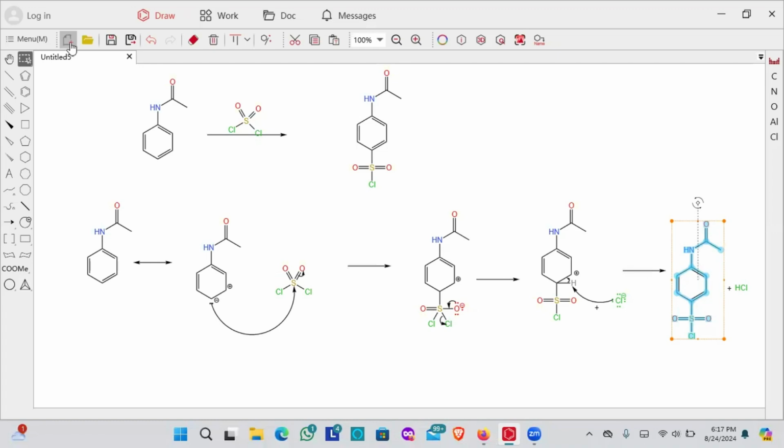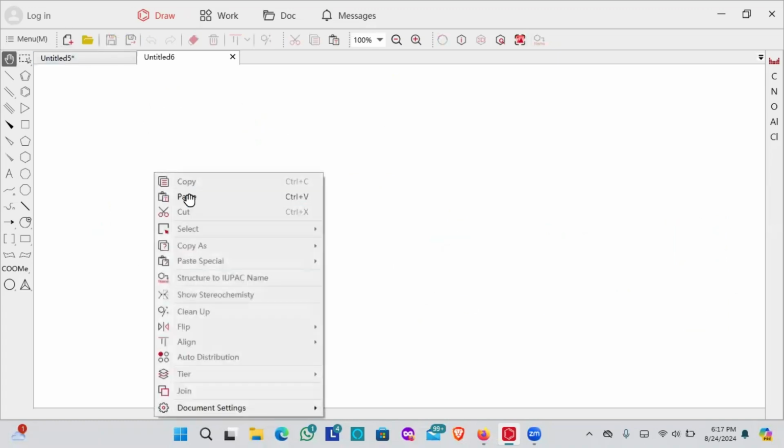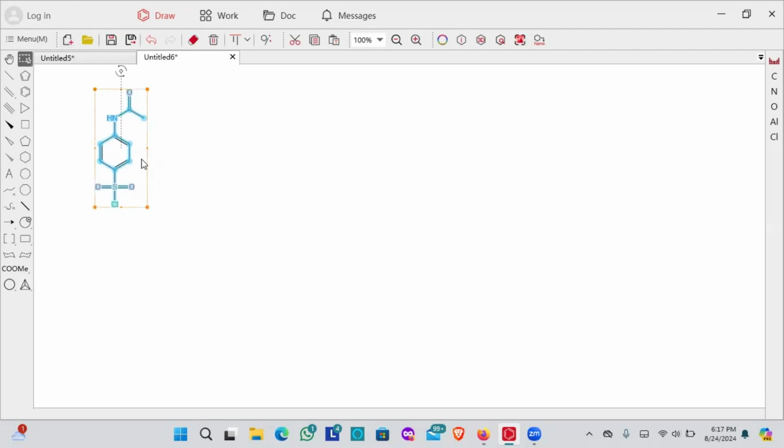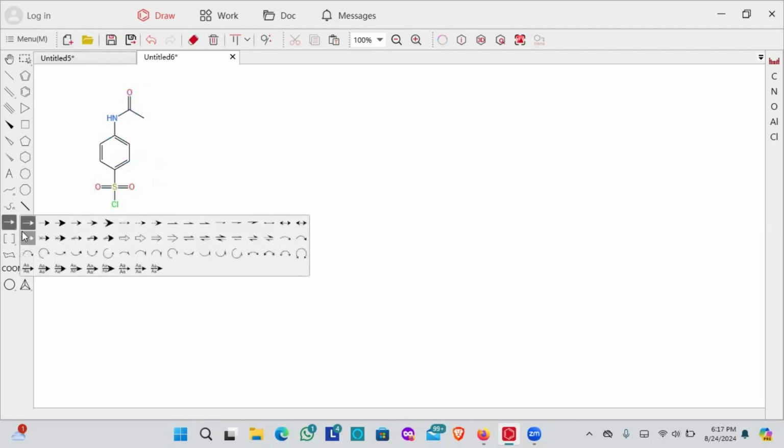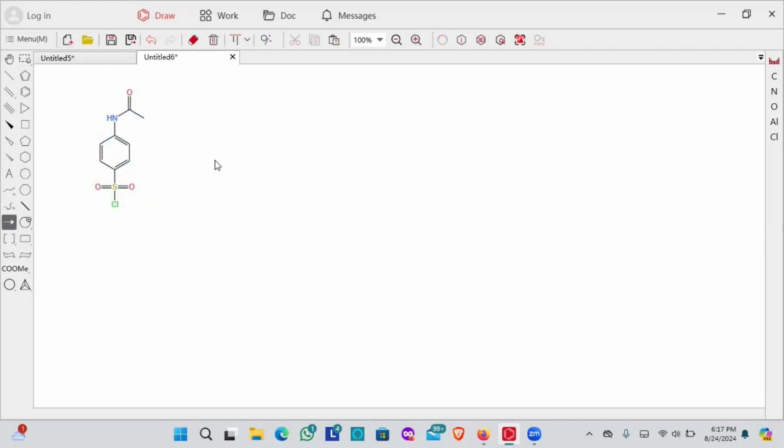Copy. Let's open a new page and show the step-by-step procedures.